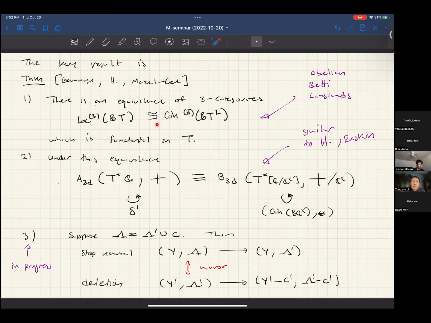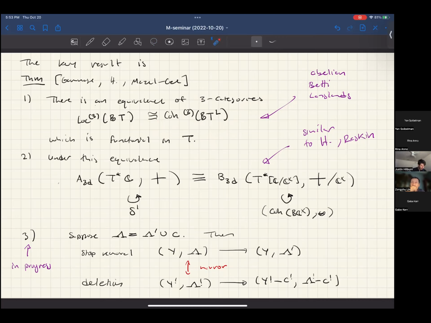It looks extremely fancy, but it's no more complicated than saying that the fundamental group of C star is Z, and also the number of characters of C star is also Z. It's some fancy looking thing, but there's actually nothing in it. But so that's the first thing.